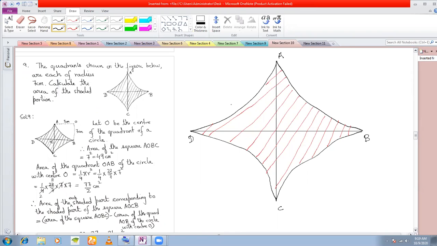What they mean is that the plane has been divided into 4 parts: this part, this part, this part, and this part. All these are called quadrants. The entire plane has been divided into 4 parts. Each of them is called a quadrant here.